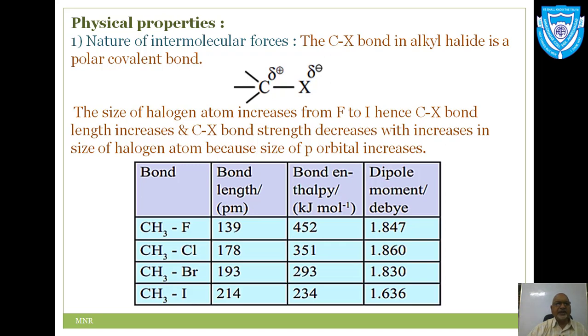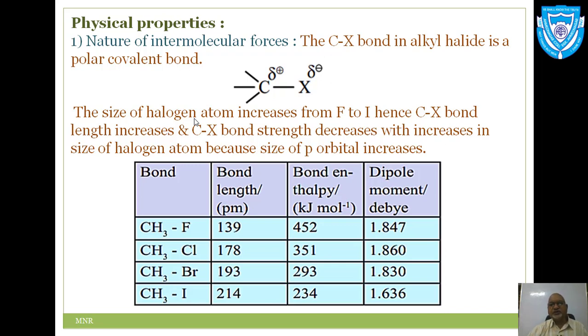Now, the nature of intermolecular forces: the carbon to halogen bond in alkyl halide is polar covalent, which means there is a delta positive and a delta negative. The size of the halogen atom increases from fluorine to iodine.